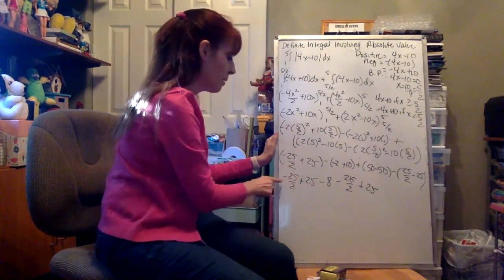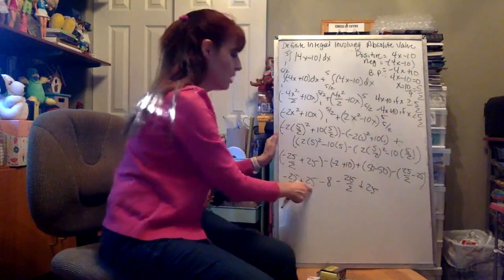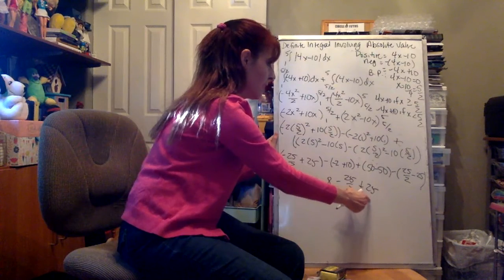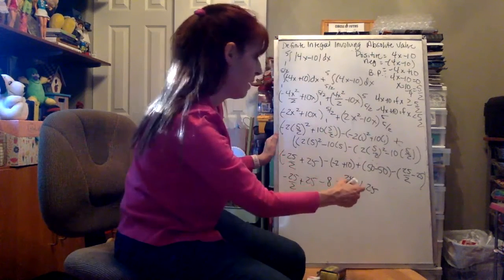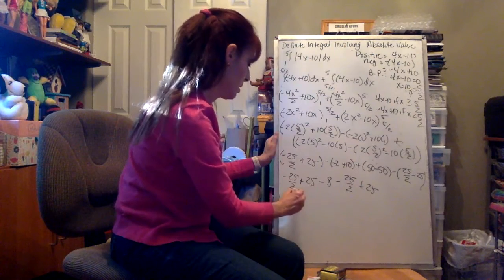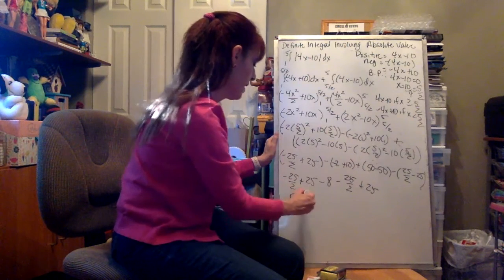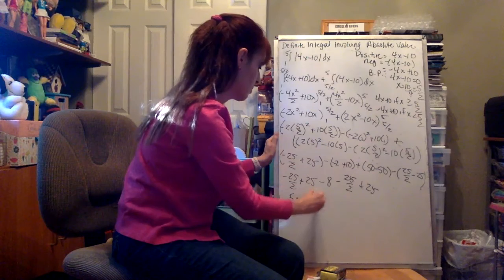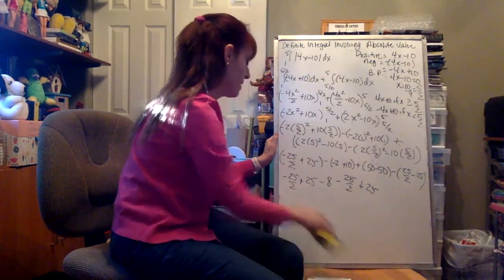All right, so now let's combine some like terms here. 25 plus 25, right? That's going to be 50. And then minus 8. So 50 minus 8, that's 42.